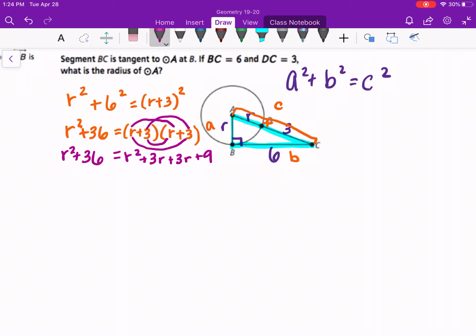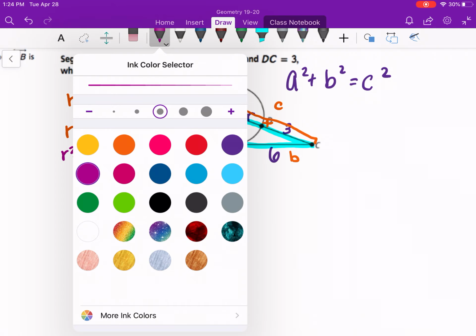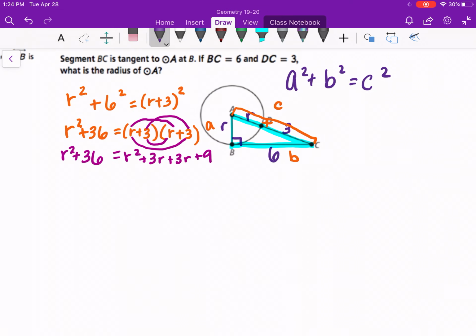We're going to clean it up like Algebra 1 in 2 to 3 steps. So, first thing I'm going to do is rewrite the left side. And then I'm going to clean this up. R squared, 3R plus 3R is 6R. And then I'm going to start getting rid of R's. So I'm going to subtract an R squared from both sides. It goes away completely. Now I've got 6R plus 9.